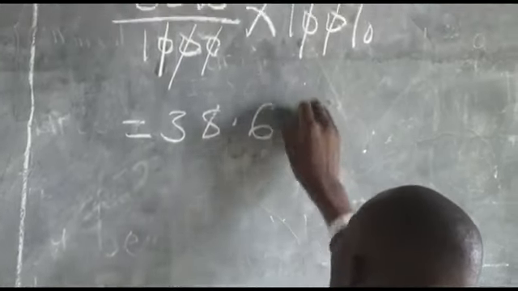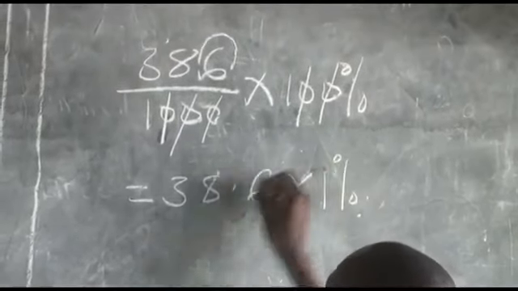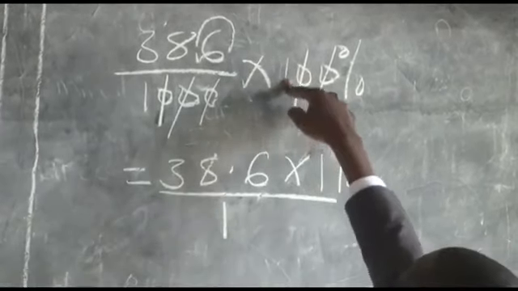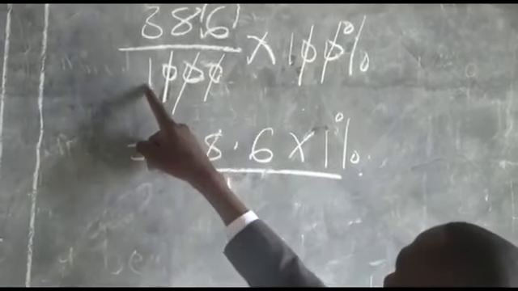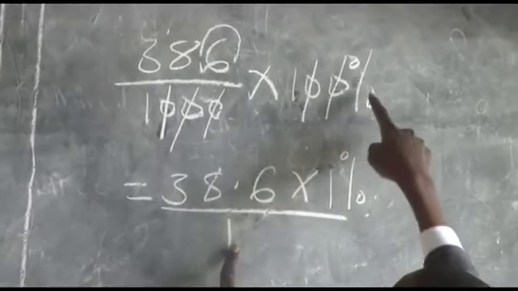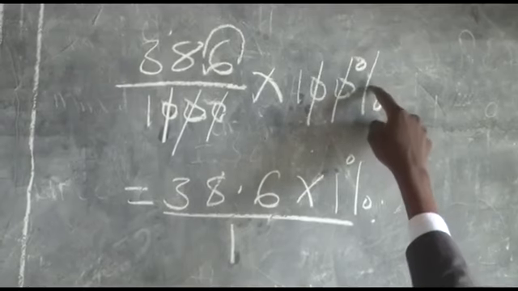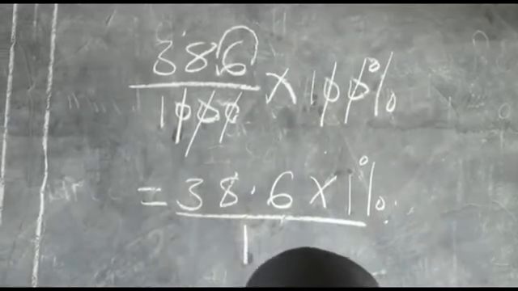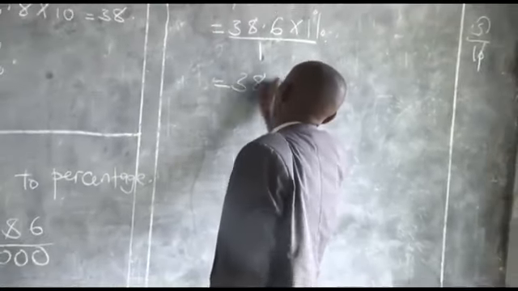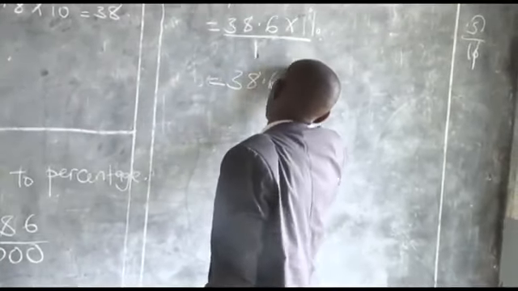38.6 times 1% out of 1. Where is 1 coming from? Here, when we cancel out, we have remained with 1, which is this very one. This percentage sign is coming from here. So finally, we shall have 38.6%.